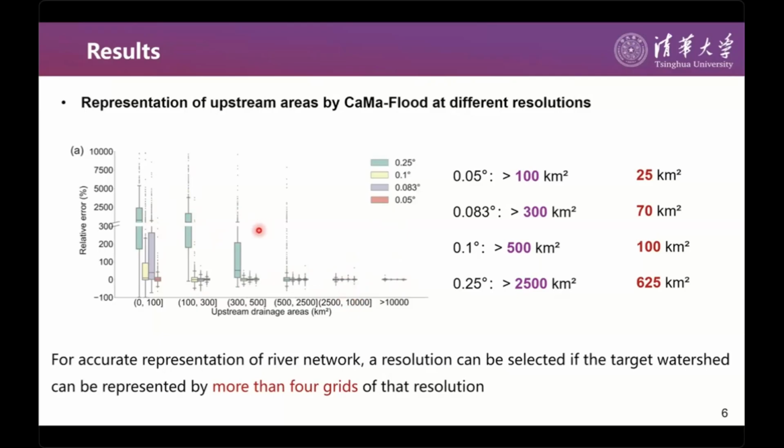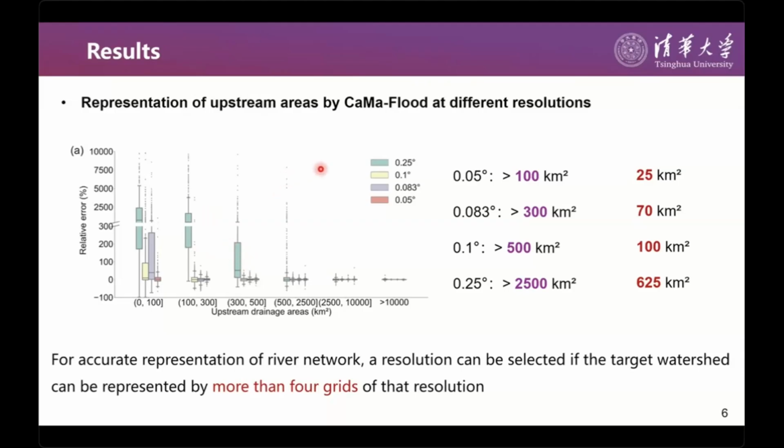The differences in the upstream drainage areas among the various resolutions were primarily observed in smaller reaches. Additionally, the upstream drainage areas in the low-resolution river network were generally larger than those in the fine-resolution network.